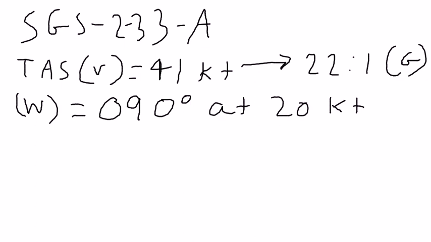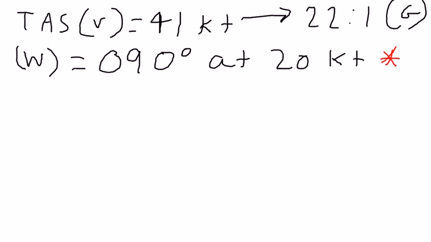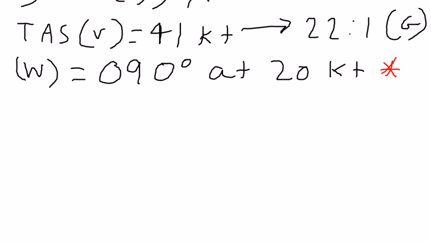So if we look at our flight plan, we're going from basically west to east. So this is going to be a headwind, and that is going to reduce our usable glide ratio. Let's calculate our usable glide ratio, or net glide ratio.